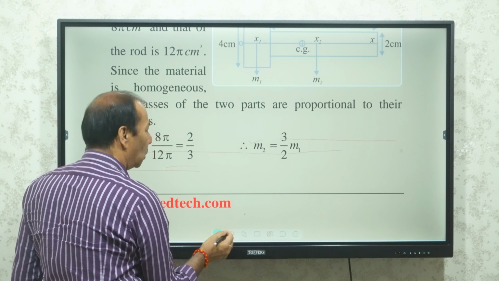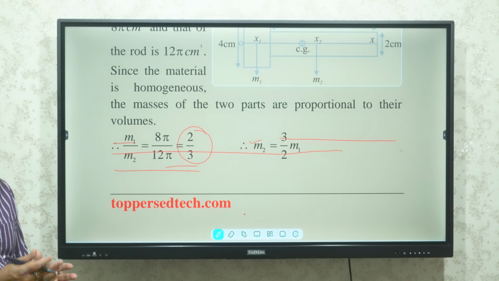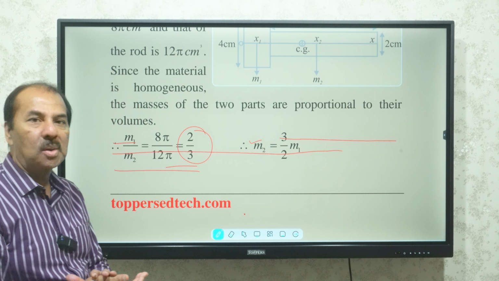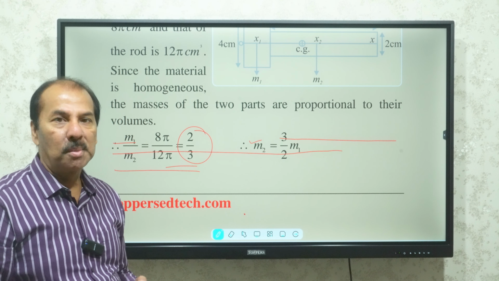Now why are we calculating this ratio? Because certain data are not known to us, and when we calculate the center of mass, we have the mass term in the numerator and also in the denominator.